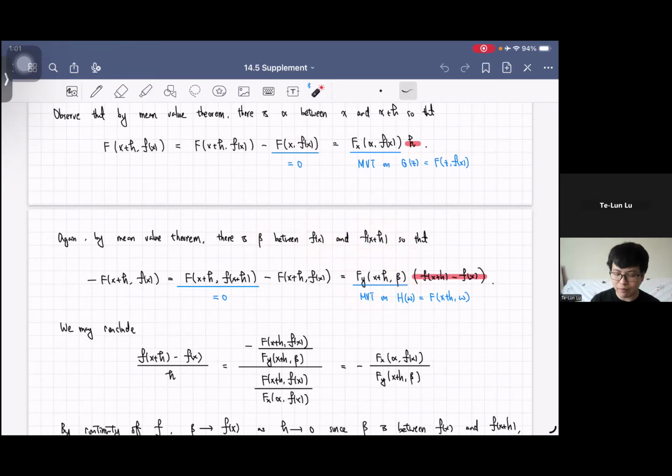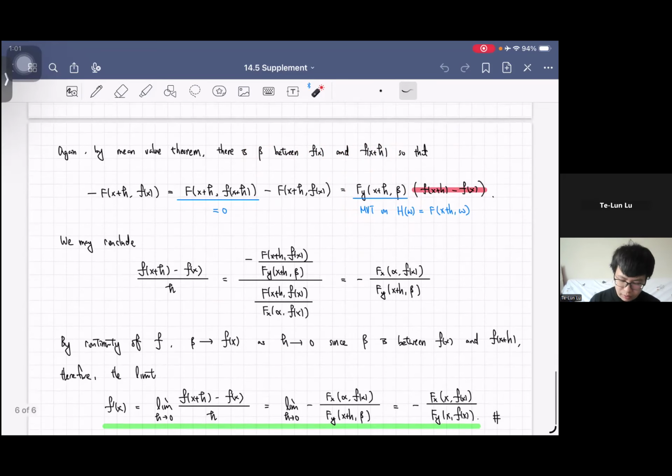Because it is squeezed between f(x) and f(x+h). So beta will converge to f(x) whenever h converges to 0. So taking h to 0, this converges to x, this obviously converges to x, this obviously converges to f(x). And by continuity of f_x and f_y, this whole thing will converge to this, and this whole thing will converge to this.